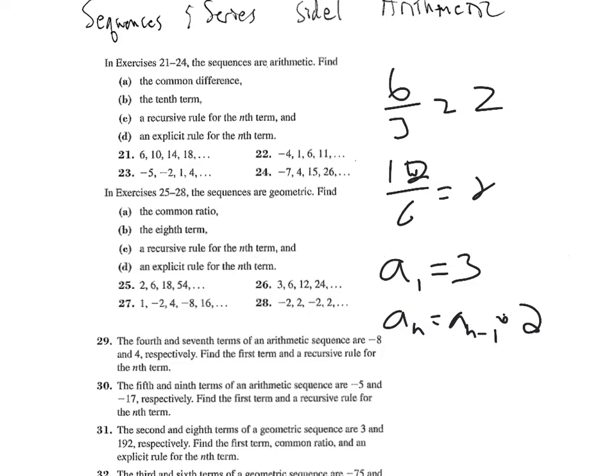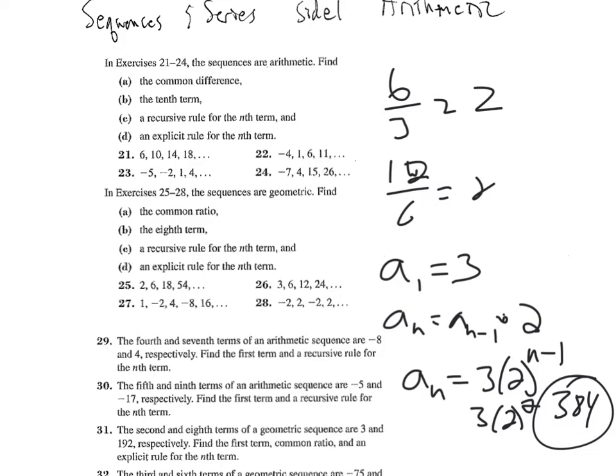My explicit rule is a sub n equals 3 times 2 to the n minus 1. And then to find the 8th term, what's 3 times 2 to the 7th? Well, isn't 2 to the 7th 256? Is that one of the ones I had you write down, the exponential? No, it's 128. So 128 times 3 is 384.